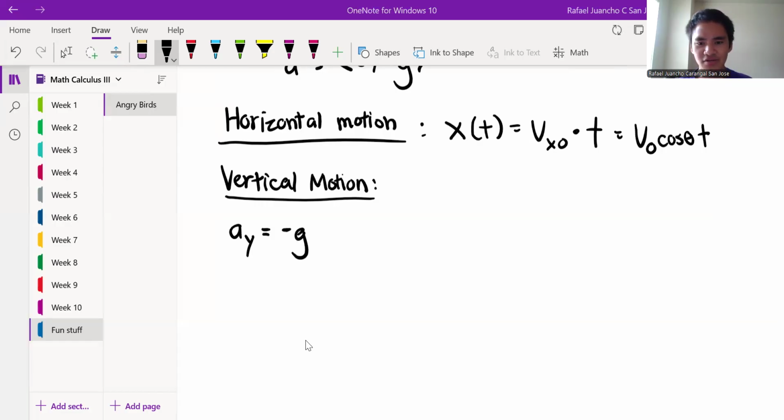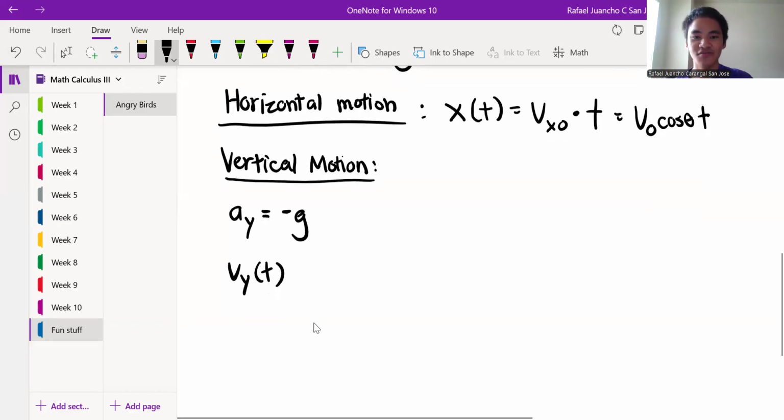And so our velocity over time, vy of t, is actually changing, right? Let's say if we throw a ball, or actually we can use the bird. If we slingshot the bird up, at first it's going to be super fast, and then when it reaches the top, it's going to slow down. And then if it goes down, it's going to go fast because of gravity.